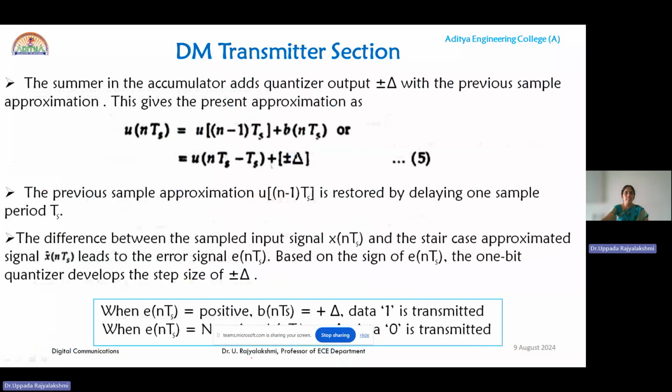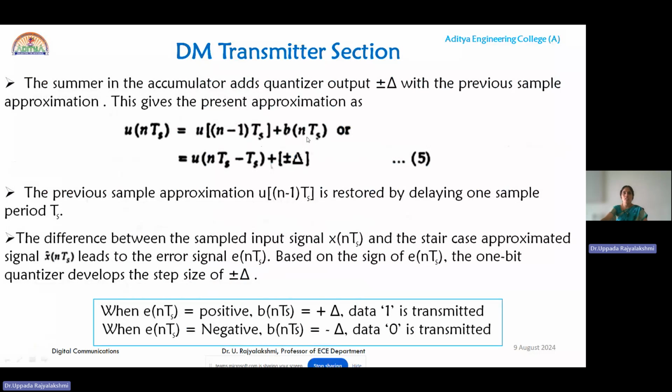So here you can see the summer, this is the accumulator section. As we already discussed, u(nTs) represents the current or present sample approximation of the staircase response, and u((n-1)Ts) represents the past sample approximation of the staircase response, and b is nothing but the output of the 1-bit quantizer.